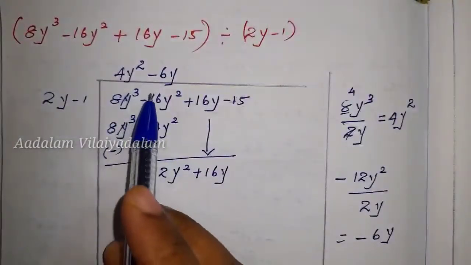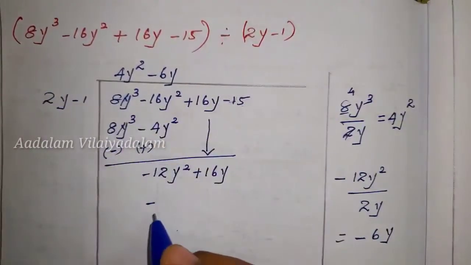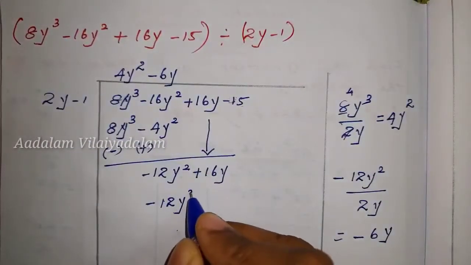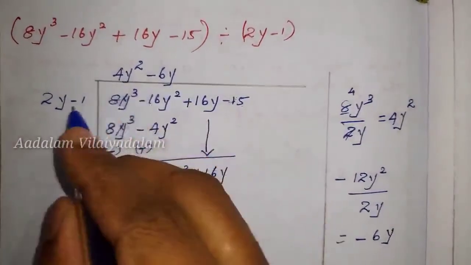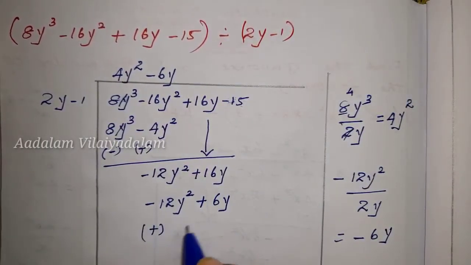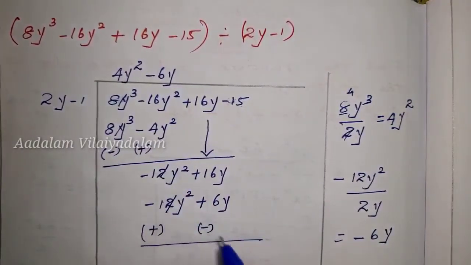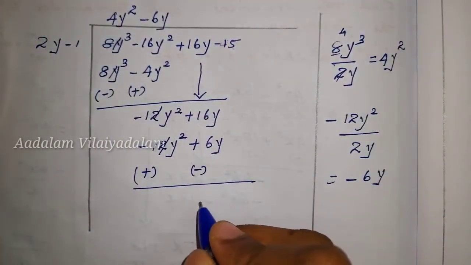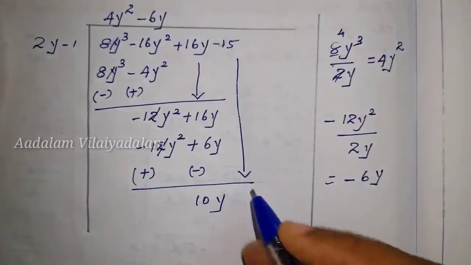Now multiply minus 6y into 2y, that is plus into minus, minus. 6 2s are 12, y into y square. So next minus into minus, plus 6y into 1, 6y. Change the sign here, minus means plus, here plus, minus. The first term cancel. Here the second term is 16y minus 6y, so the answer is 10y. The last term is minus 15.